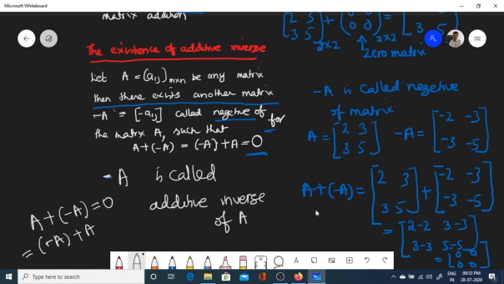So that is the property of the inverse law.